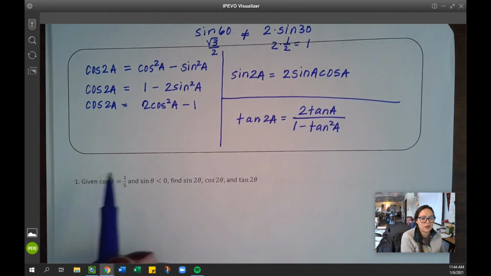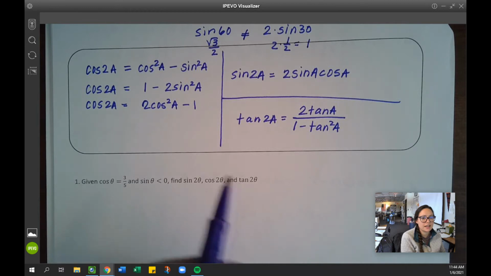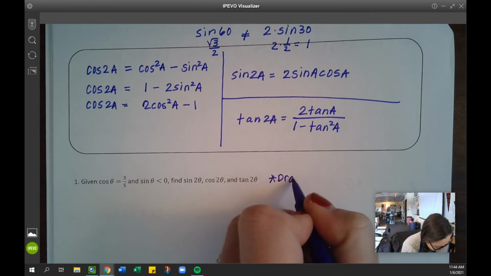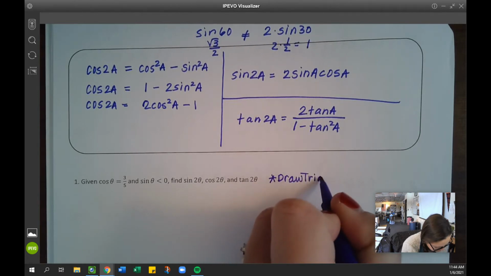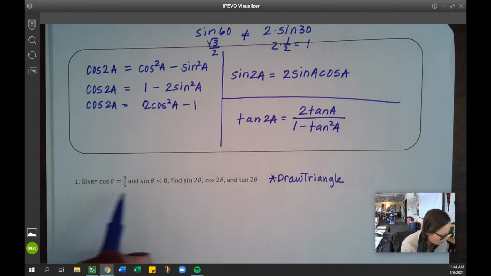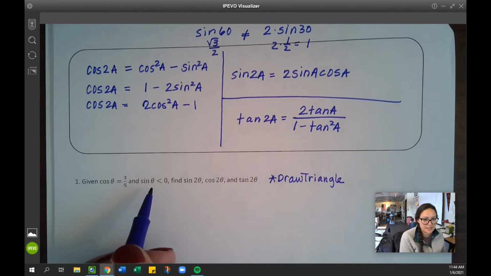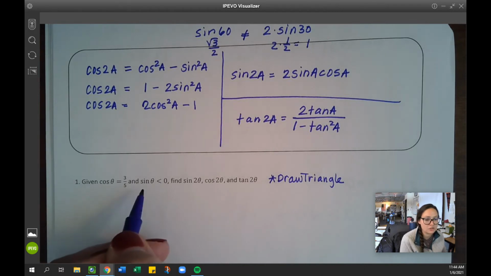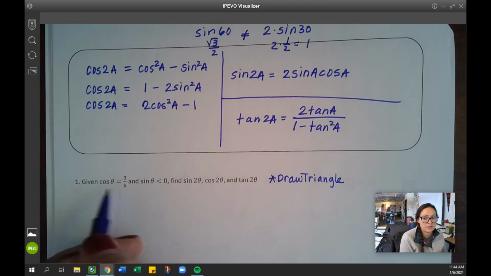Now, I already know the cosine, but the way that I'm going to find the sine is to draw a triangle. Now, why do they tell us that sine is less than 0? What they're doing is they are telling us what quadrant this triangle is going to be in.